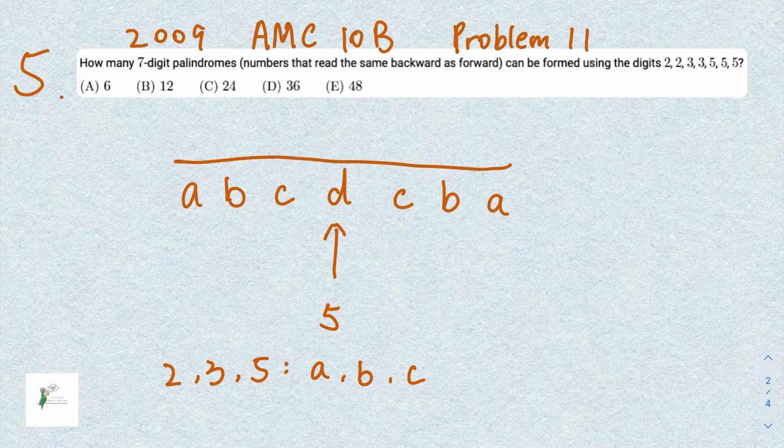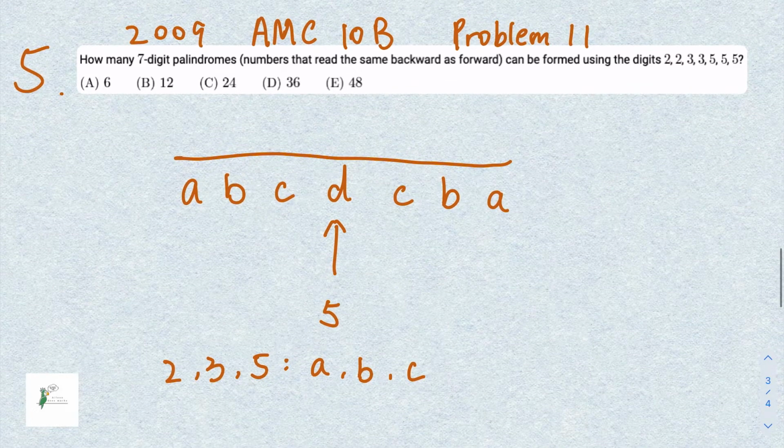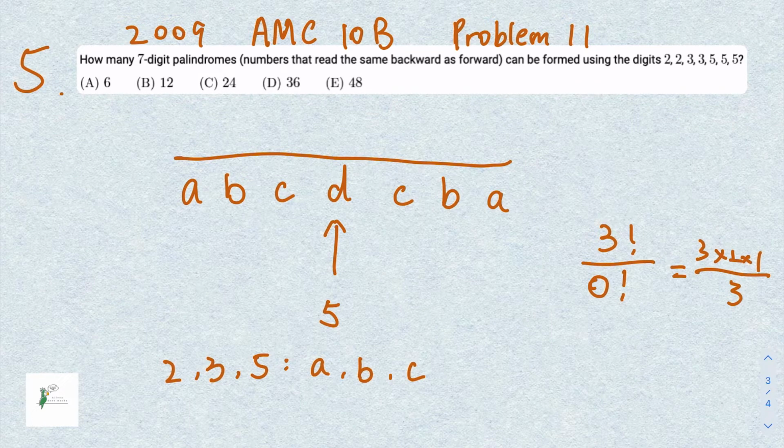Now we can use the permutation formula, which is, well, we choose 3 from 3, so 3 factorial divided by 0 factorial is 3 times 2 times 1 divided by 1, which is 6. So there's only 6 possible ways we can arrange these digits into a 7-digit palindrome.